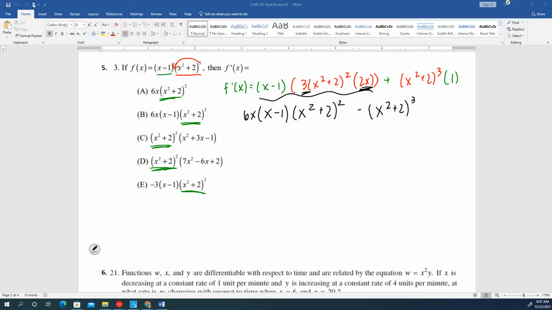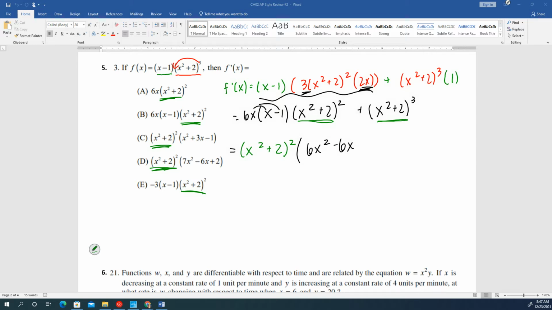Okay, so then I look at this and I'm like, okay, what can I factor out, or what do these have in common? They both have this x squared plus 2, so I could factor out 2 of those, because that's what's common. With this term, if I factor that out, I'll be left with 6x times x minus 1, so I'm going to go ahead and distribute that.